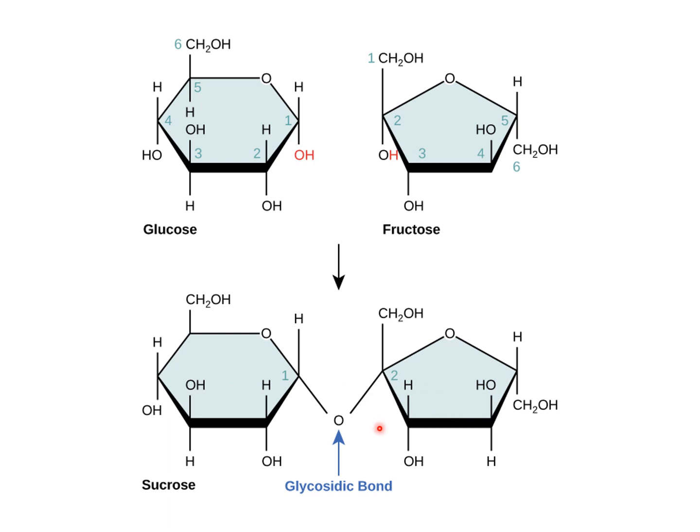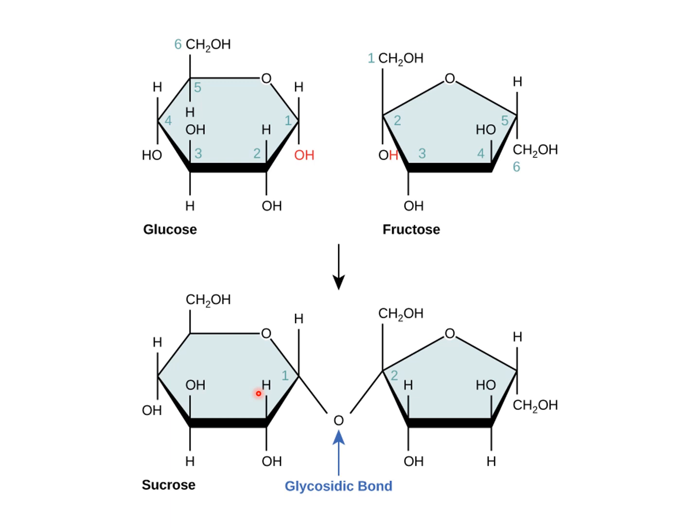Have you noticed the glycosidic bond that is present between these 2 monosaccharides? Now, this glycosidic bond is formed between carbon number 2 of the fructose, which is the anomeric carbon of the fructose, and carbon number 1, which is the anomeric carbon for the glucose.